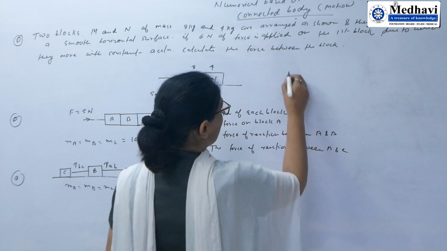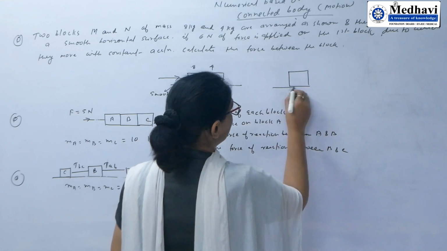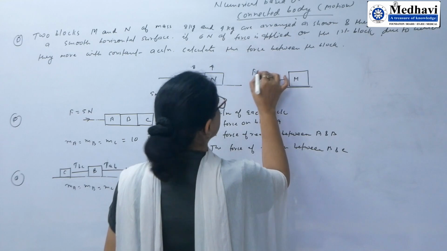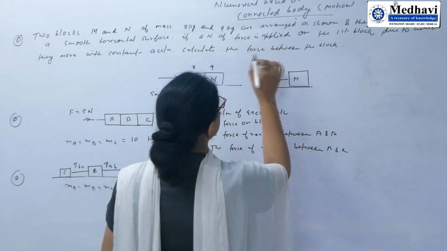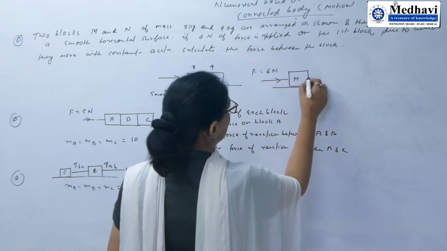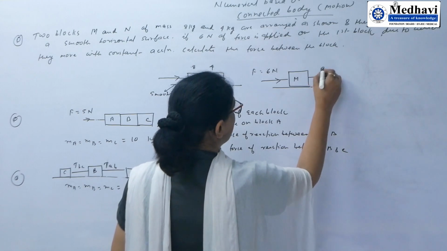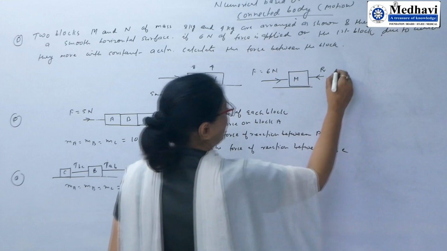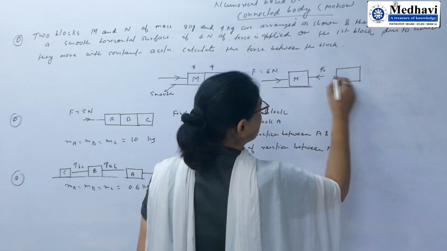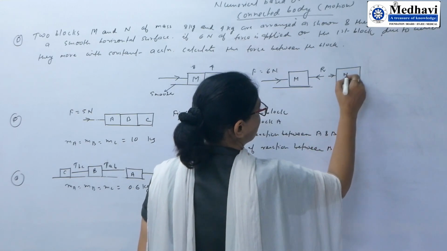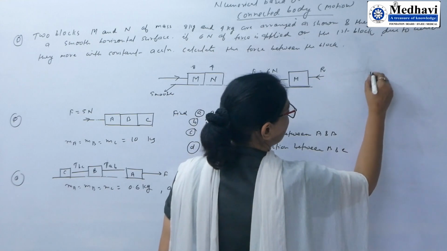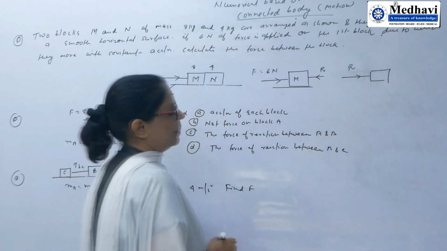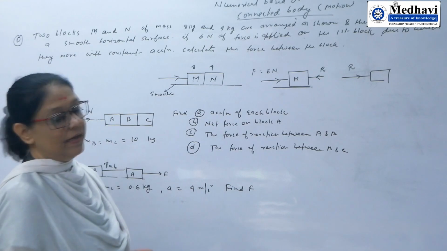If you draw the FBD, you find that M has 2 forces. First is the applied force, 6 Newton, and second is the force of contact between M and N, you can use R. N has only a single force, that is the force of contact R. This is the FBD.